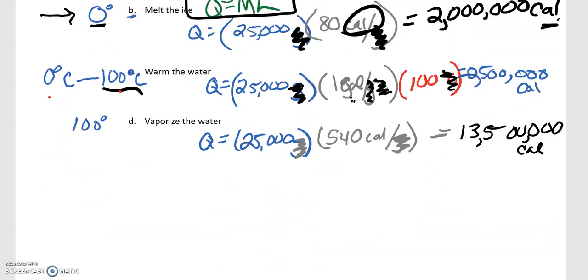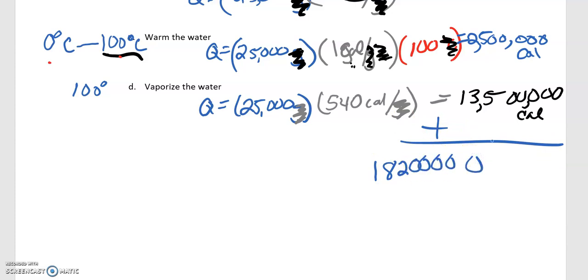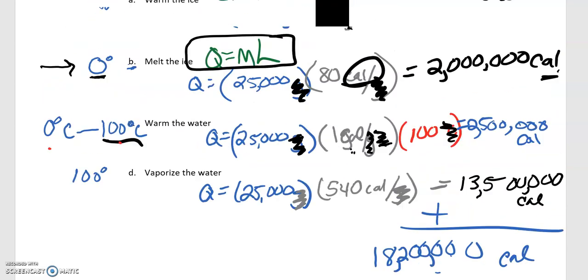Okay, if I entered them into my calculator correctly, I got 18,200,000 calories. Now I need to go back and check my significant figures.